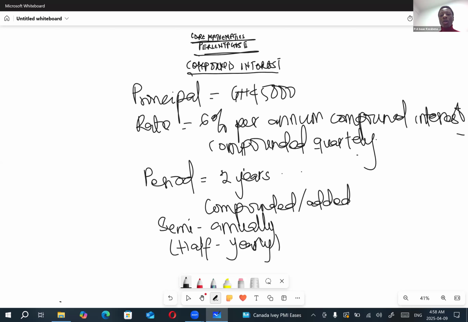Or they can tell you they will be adding it quarterly, or they can tell you they will be adding it monthly. So these are the frequencies you should be looking out for.